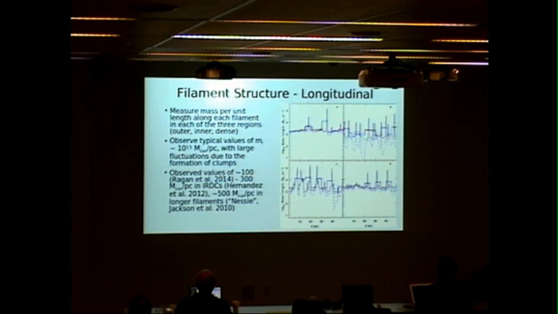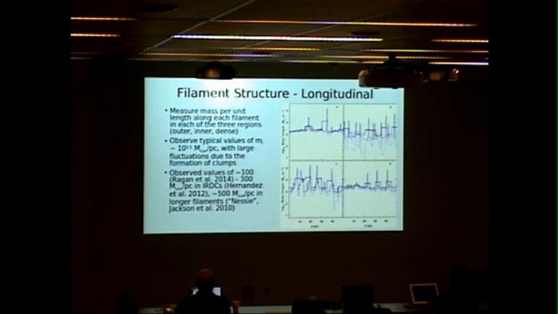And the histogram shows the mean value in each of these 10 strips. So we observe a mean mass per unit length of a few thousand solar masses per parsec, with very large dispersions in the strips that contain clumps.